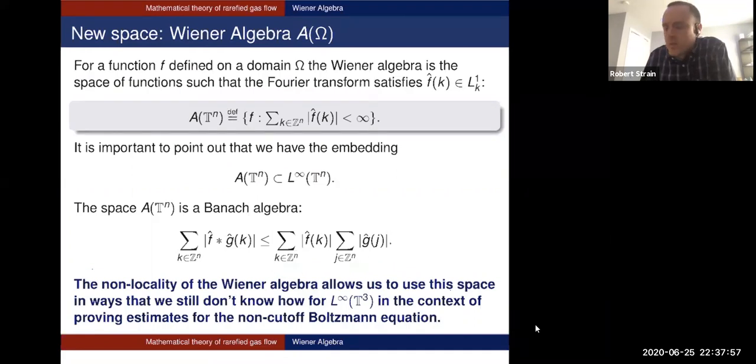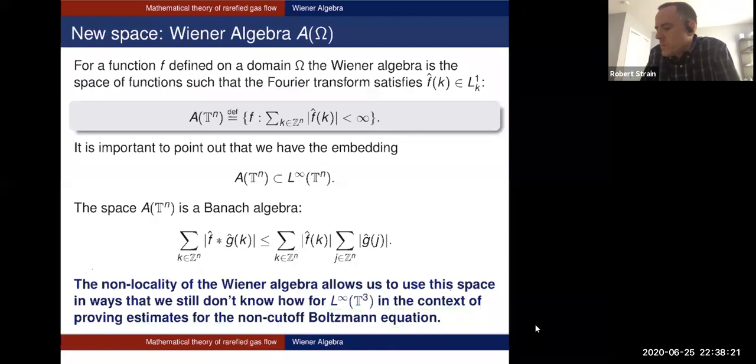So the L1 norm of a convolution is preserved in the space. Something I want to emphasize is that the non-locality of the Wiener algebra allows us to use this space in ways that we still don't know how to do for L-infinity in the context of proving statements for the non-cutoff Boltzmann equation.